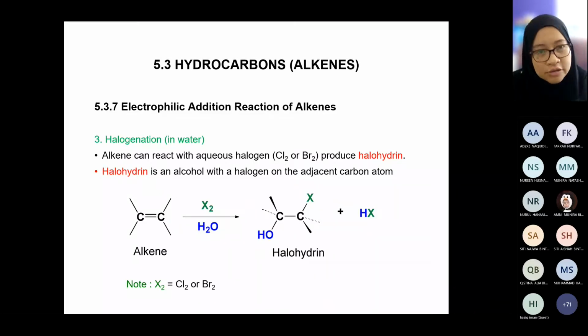Okay, moving on to number 3. Reaction number 3 is halogenation in water. As you can see, the solvent used is now different from the previous reaction. Alkene can react with aqueous halogens because we use water, right? That's why we have the word aqueous there, to produce halohydrin.